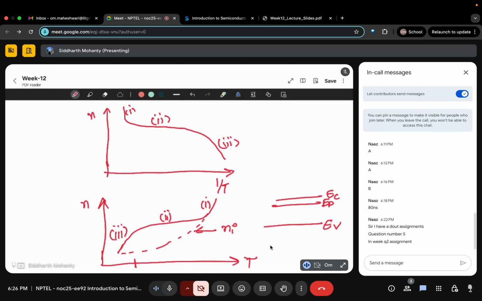You still need some energy for the donor atoms to donate the electron to EC. So when temperature is very low, there is partial ionization. After a certain temperature, all are ionized. Then on increasing temperature, your ionization will not change. So this is complete ionization.